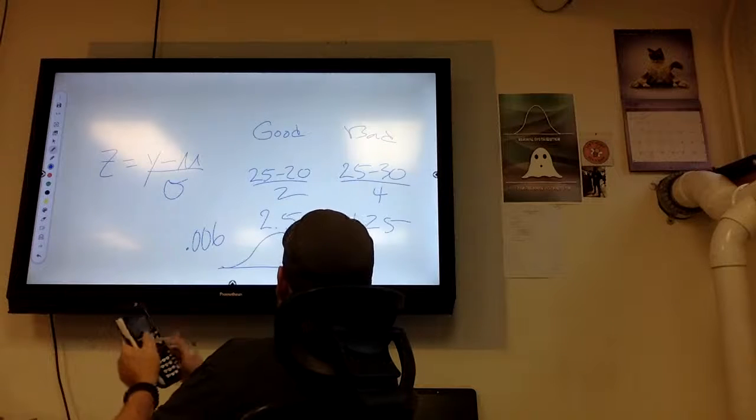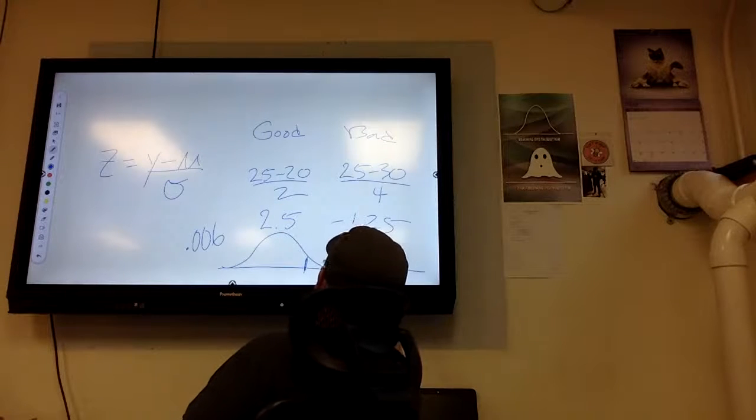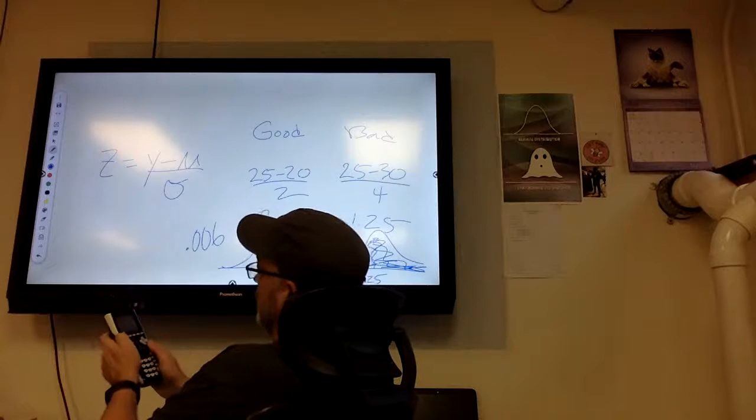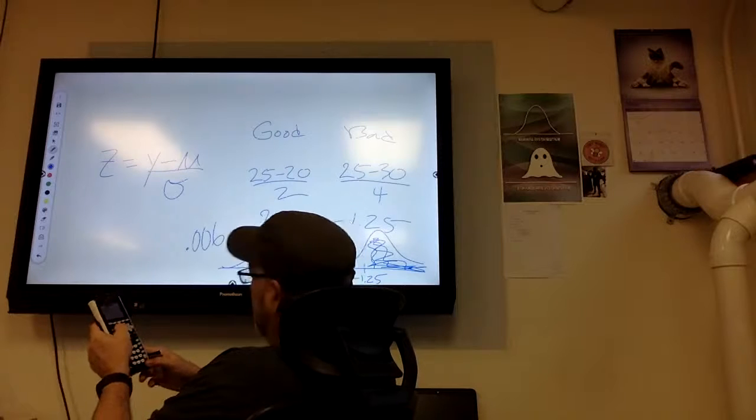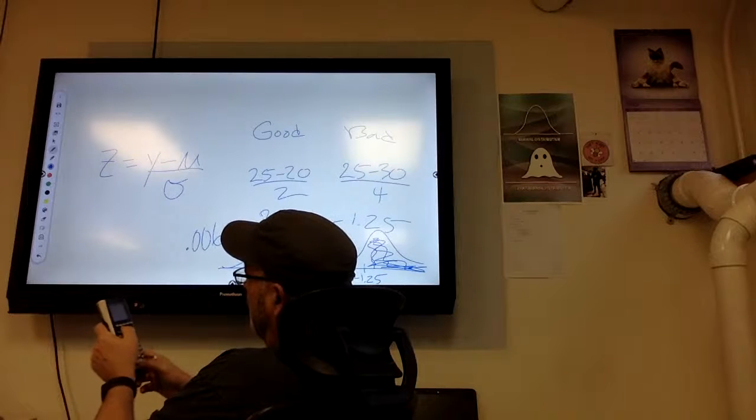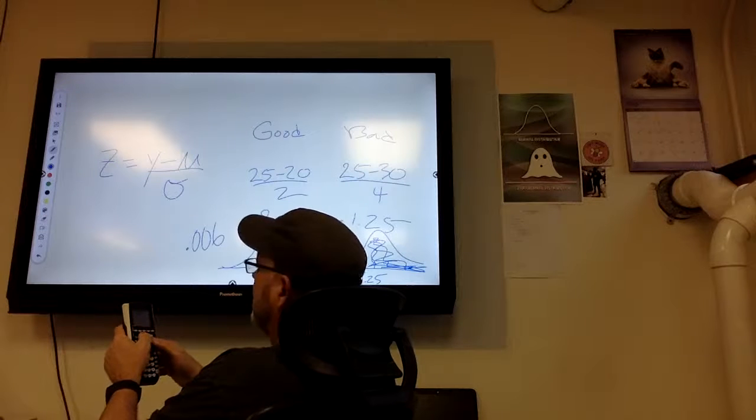And then the second one, think of it this way, negative 1.25, and you get a whole lot more because you're going all the way up to 99. So I go to normal CDF, and I go negative 1.25, 99.